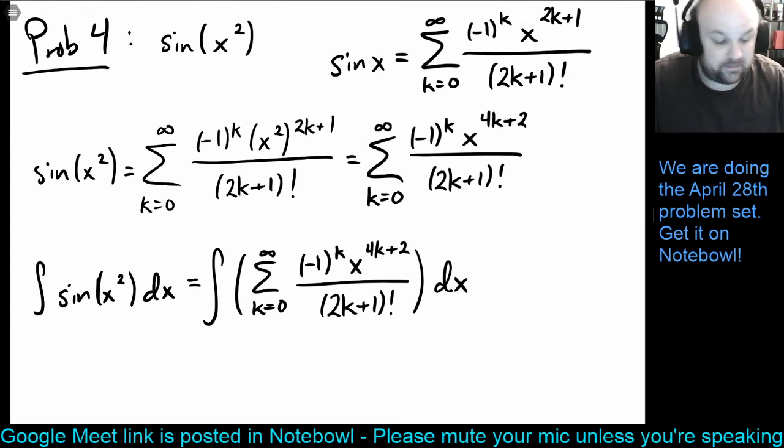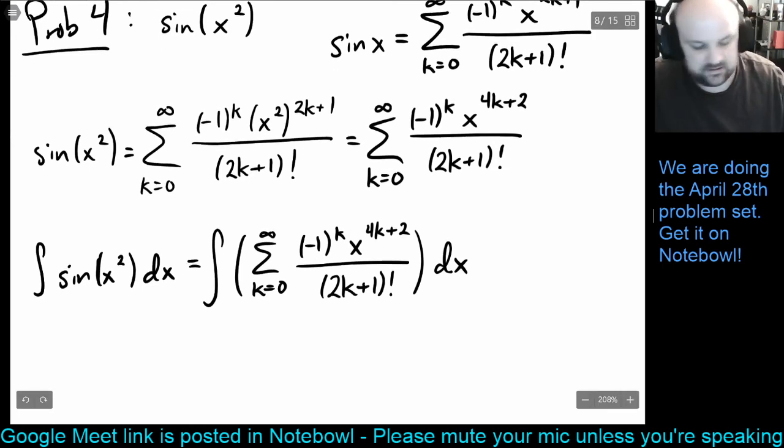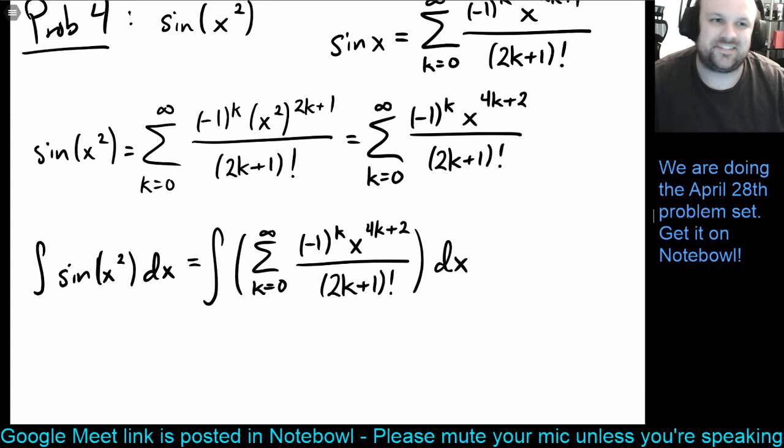Now, they might only be valid on certain regions. This one here is valid everywhere, from minus infinity to infinity, so that's kind of nice. So this is 100%, unambiguously going to be the antiderivative. But yeah, there's just so many interesting things that happen here.